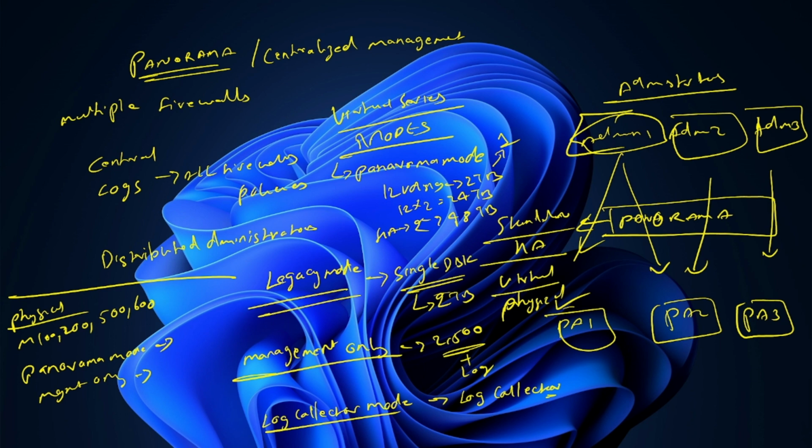So basically both of them are almost similar, but we do have a little exception in the management, because in the management mode, it does not have the capability to collect the config and system logs, but in the Panorama mode you do have the capability of collecting the data of the config and system logs.